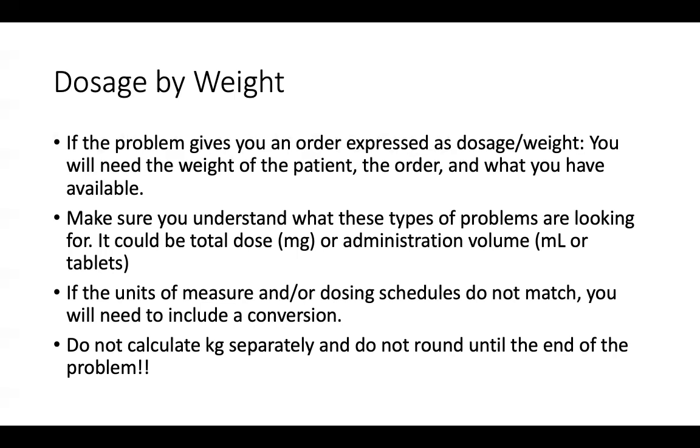So we're just adding another unit of measure, and that's going to be the weight of the patient. A lot of times the weight of the patient is given in pounds. So if it's given in pounds, you're going to have to convert that to kilograms. And as we have been doing in all of these problems, we're going to build that into the dimensional analysis problem and not work it out separately.